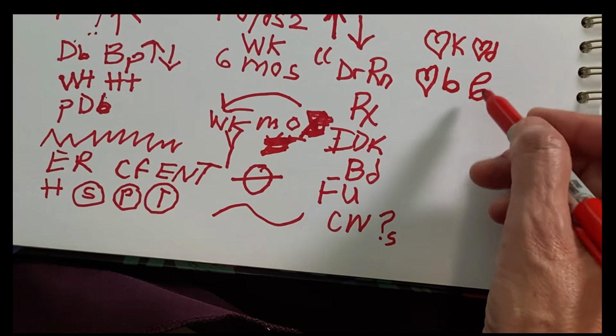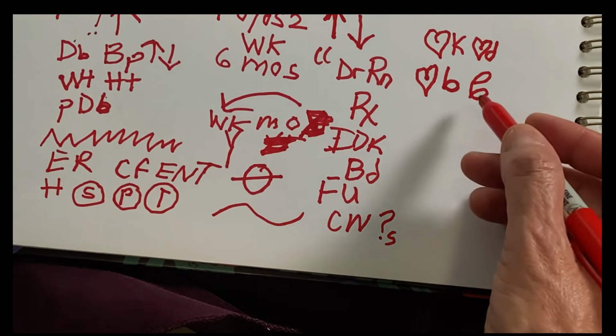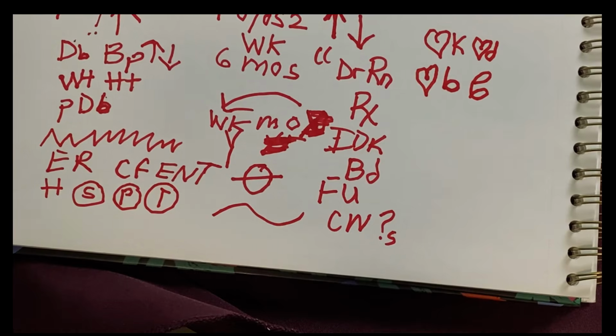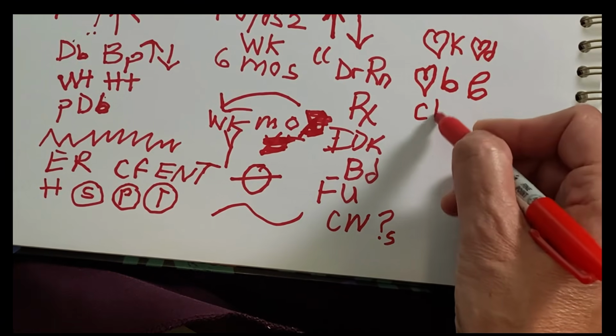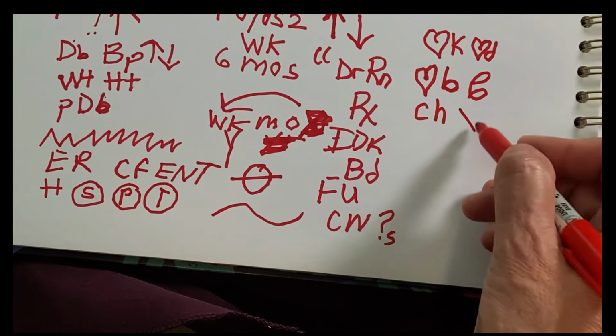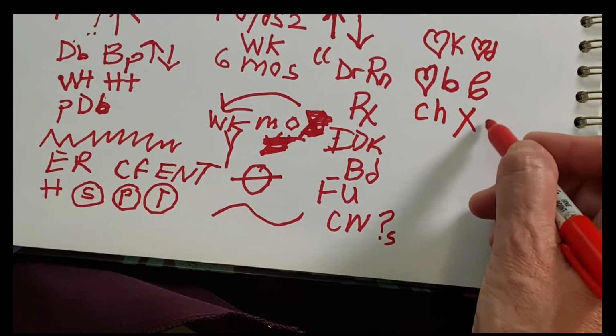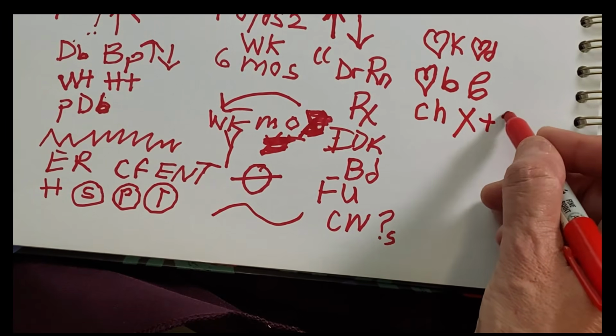This is supposed to be a telephone, so that is call. You're going to get a telephone call from one of my nurses. CH for cholesterol. X can be do not take your medicine more than 2 times a day.